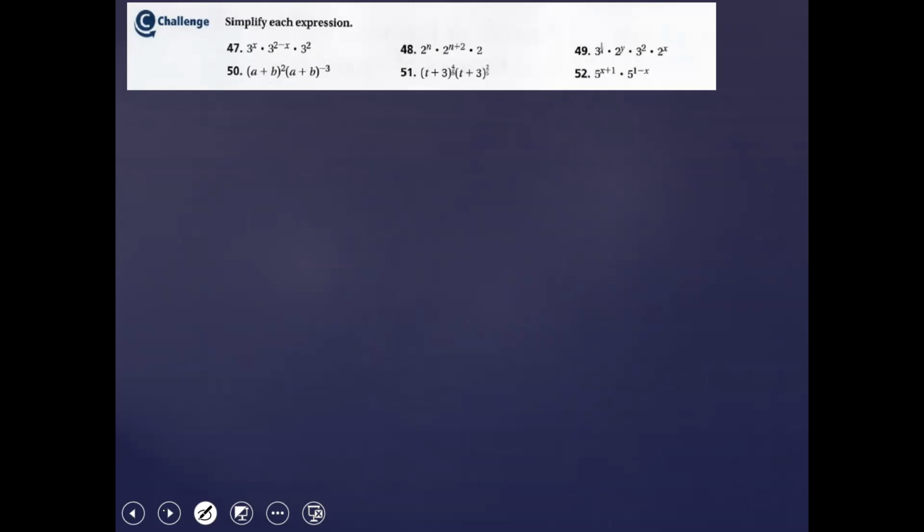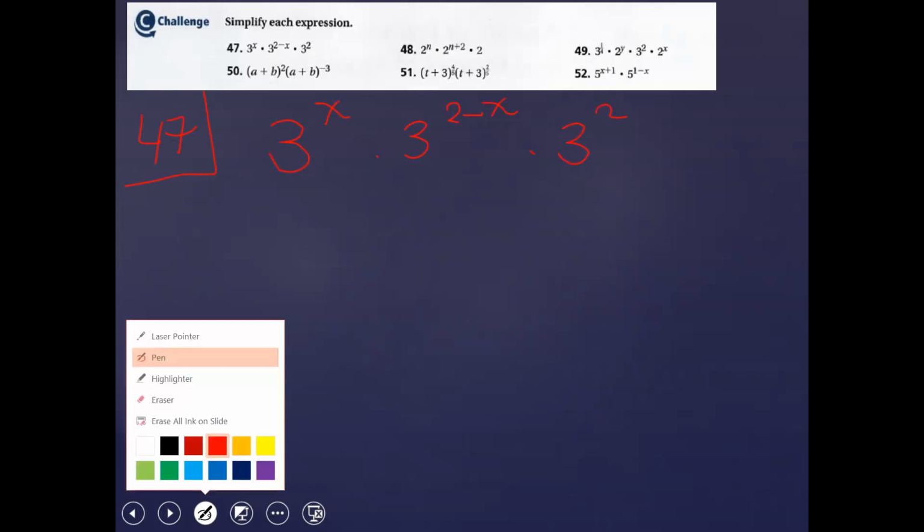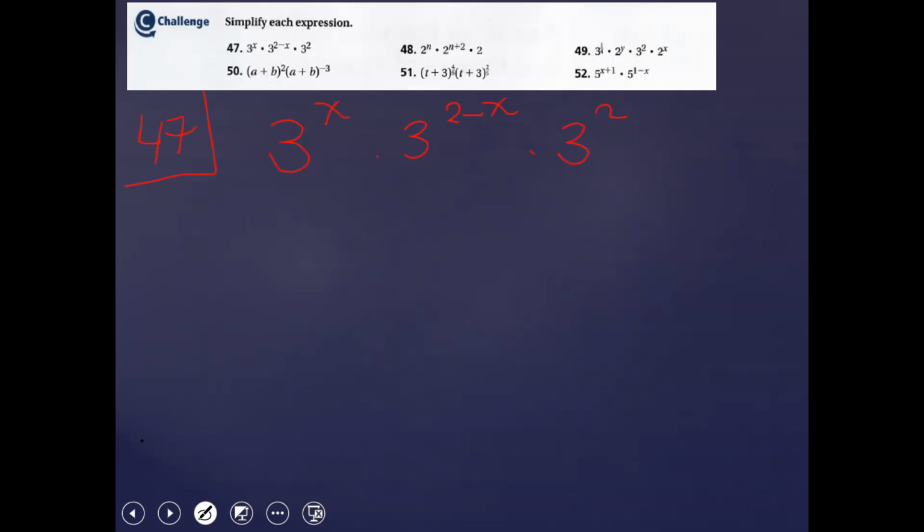Let's now start with 47. In 47 here, we have 3 raised to the power x times 3 raised to the power 2 minus x times 3 squared. I have to simplify them. Look at these numbers. Do we have the same base? Yes, it's 3.